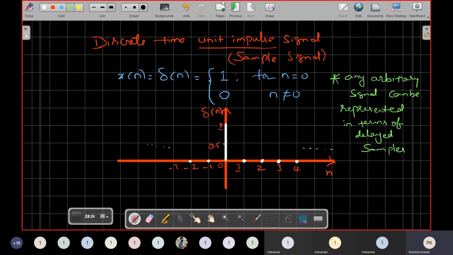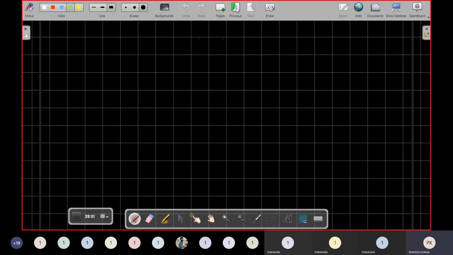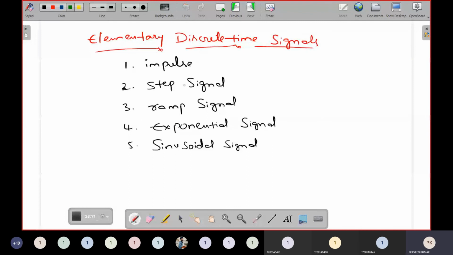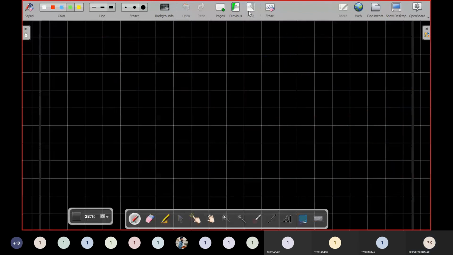Next, the second one. What is the second signal? Step signal, the discrete time step signal.